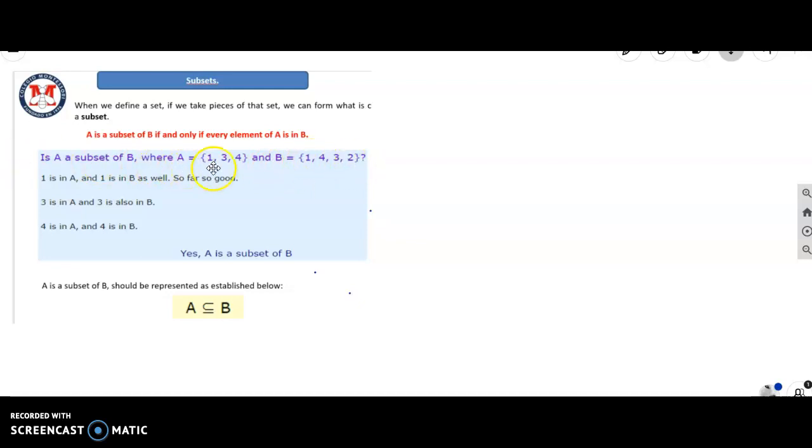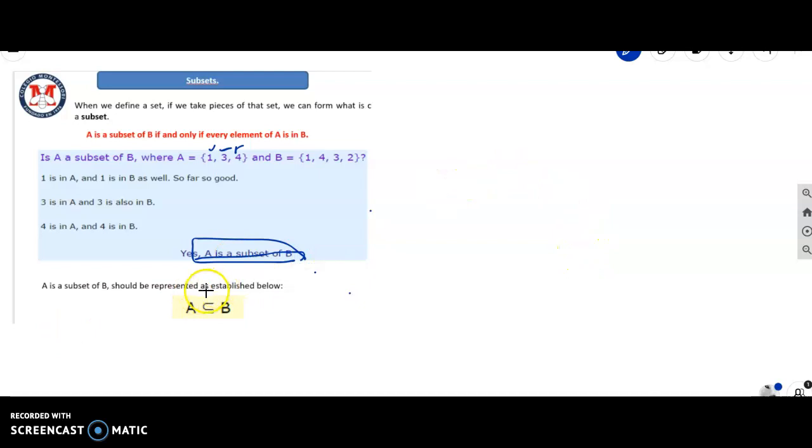We have to look at the elements of A and check if they are included in B. So let's see, 1 is included in B, okay. 3 is included in B, and 4 is included in B. So all the elements in A are included in B. So A is a subset of B. 1 is in A, 3 is in A, 4 is in A, and also in B. So yes, A is a subset of B.